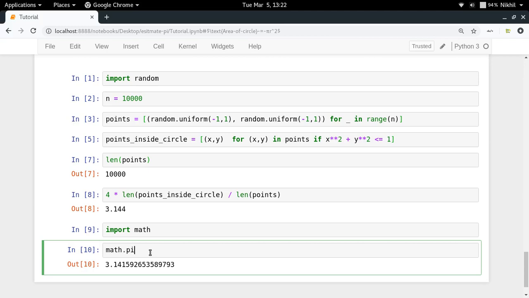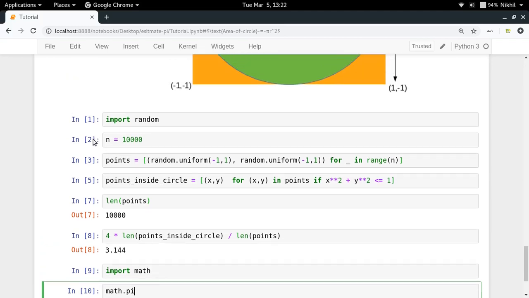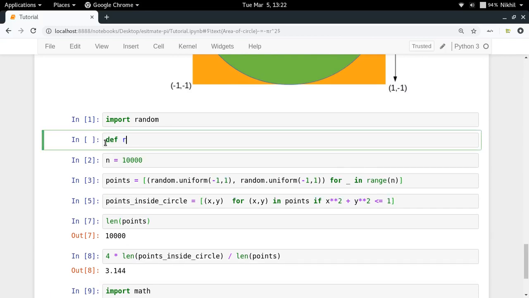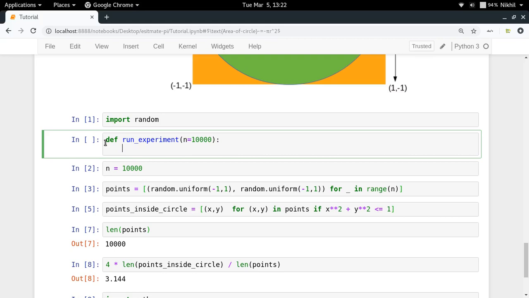So now I'm going to improve my simulation by making some changes to the code. I'm going to create a function called run experiment. So I'm calling an experiment of throwing darts n times, and the default value for n is 10,000. So in one experiment, I will throw 10,000 darts and I will repeat those experiments so that I get a more accurate value of pi.